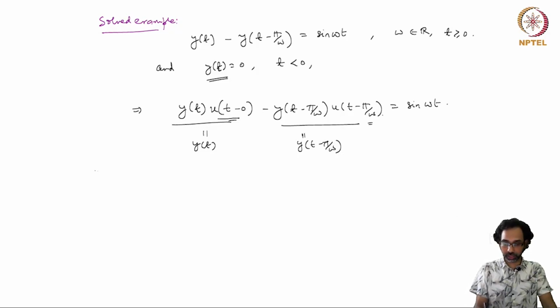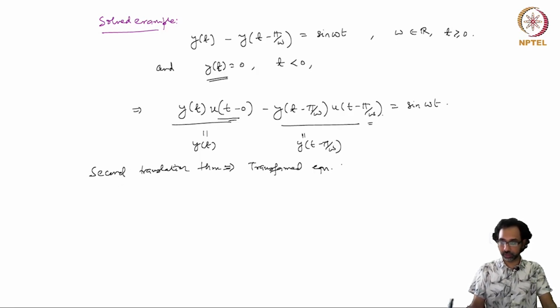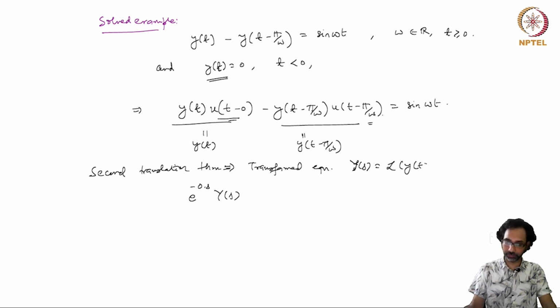And now we will use the second translation theorem, which will give you the transformed equation. For the first term we will get e to the power minus 0s times Y(s), where capital Y(s) is the Laplace transform of y(t).